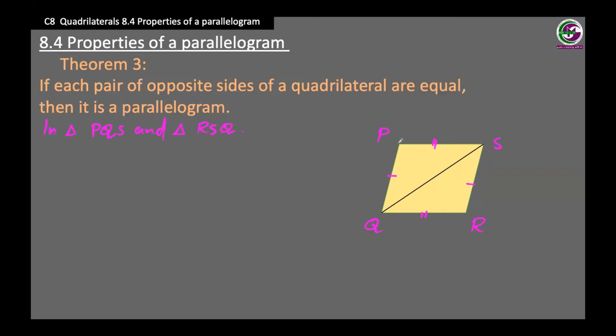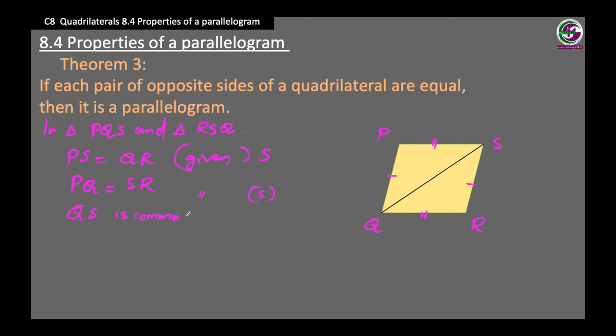We know that PS is equal to QR. It's given. So we have a side now. PQ is equal to SR. Again, it is given. So we have another side now, and QS is common.